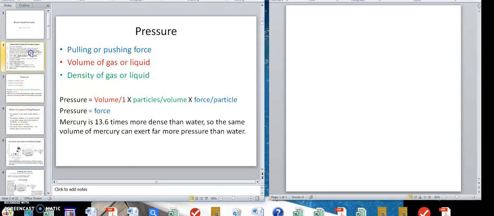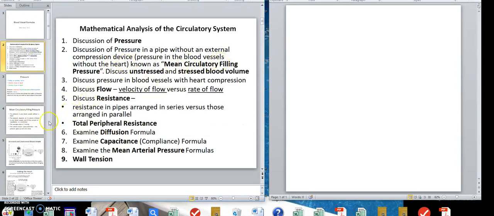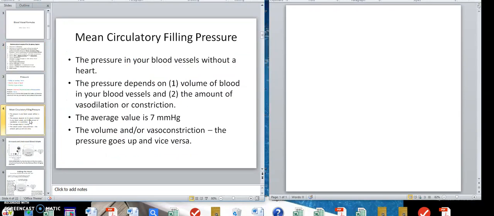Now I come to this next one. I'm going to call the mean circulatory filling pressure. Okay, now this is what I want you to think of. You have in your body the heart, and then you have the blood vessels connected to it. The heart is a pump, it's a compression unit. But even without the heart, you would still have some pressure in the pipes. Think of a water hose.